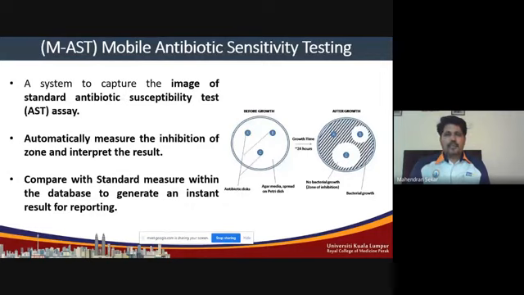You just put the petri dish on which you have performed the antibacterial studies, and it will automatically analyze and give the exact reading of the zone of inhibition, and also automatically compare with the standards already put in the software. This is what is currently practiced in some institutions as well as in industries.